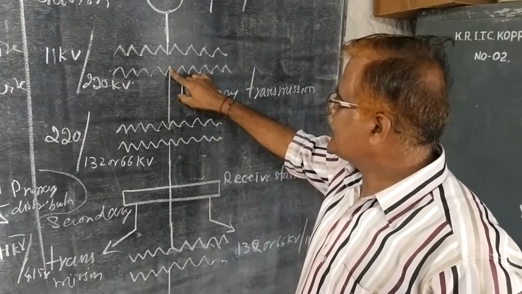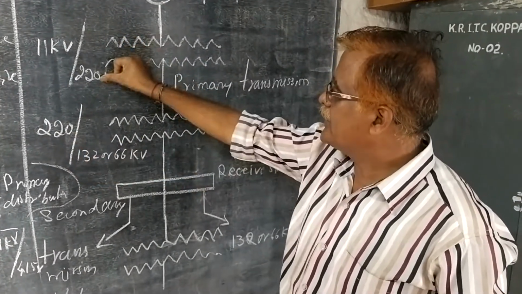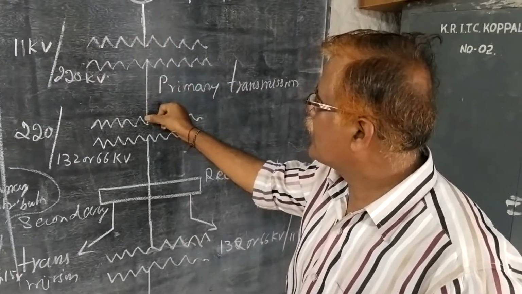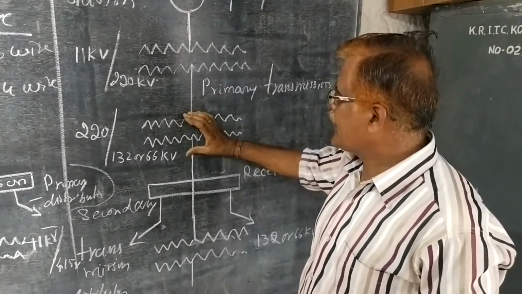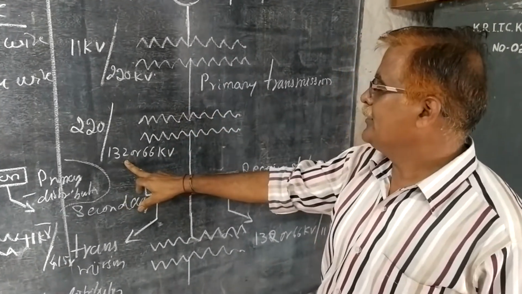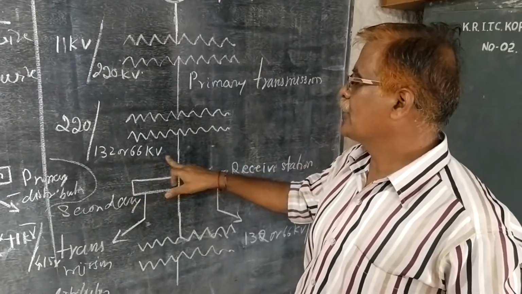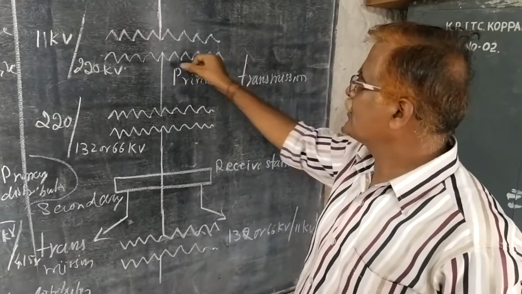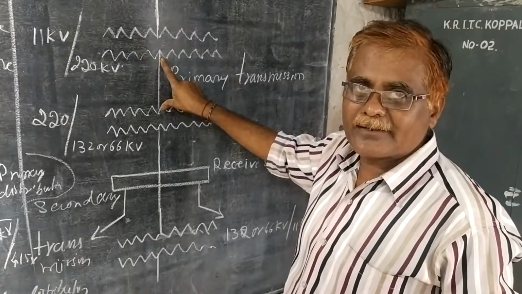From the generating station to the receiving station the line voltage is 220 kilovolts, and it is stepped down to 132 or 66 kilovolts. This is the primary transmission.